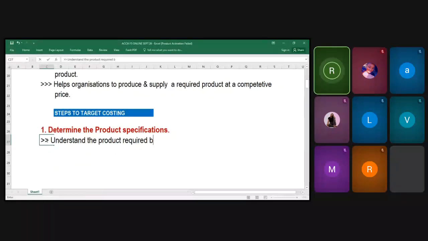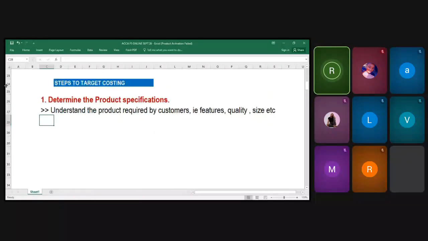What is that specifically? That is to say, features, quality, size, and so forth.